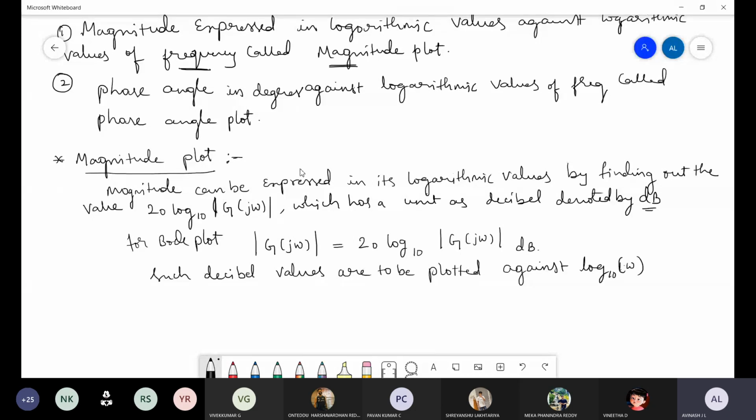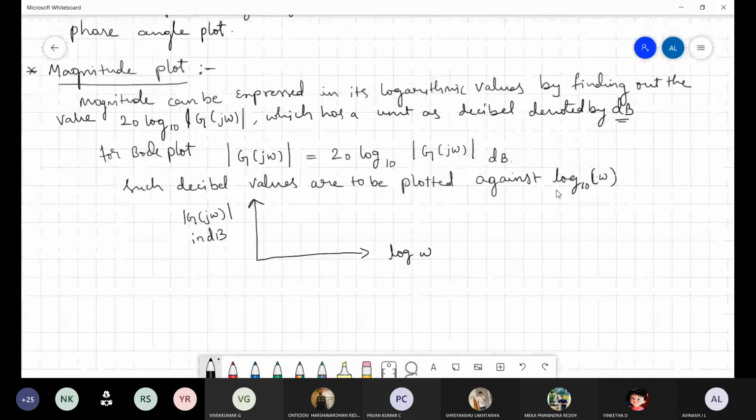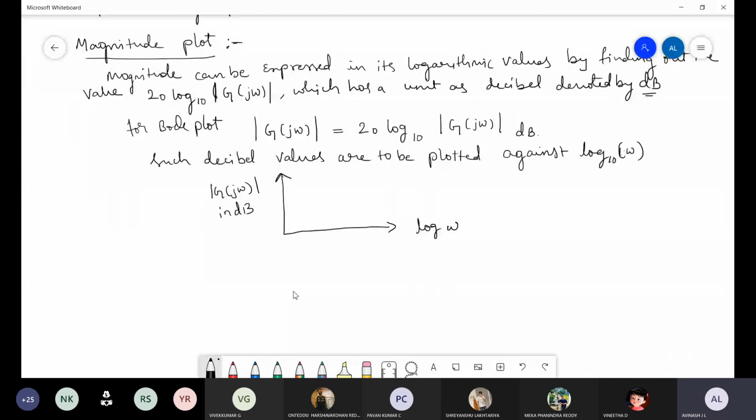How we plot it, we will see in the numerical, where we will understand very clearly. For example, in the x-axis we take log omega, and in the y-axis we take modulus of G of j omega in dB.